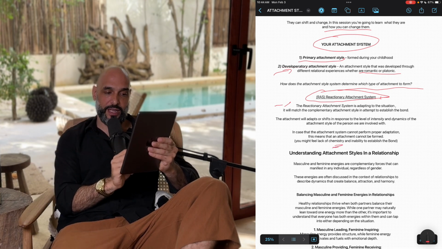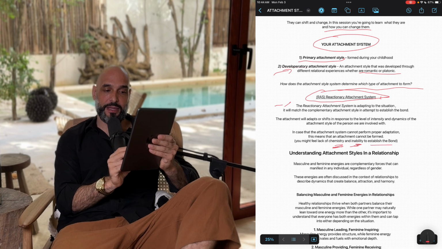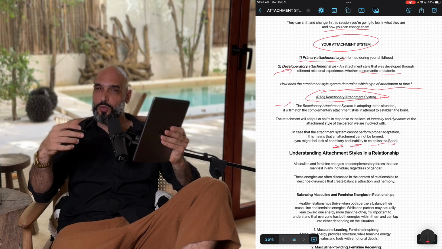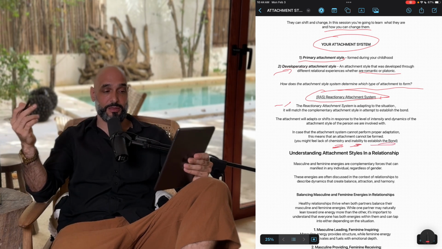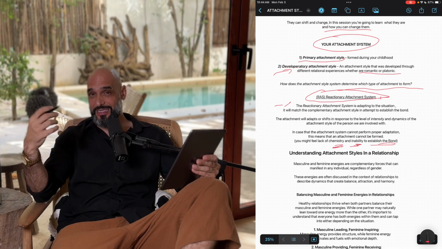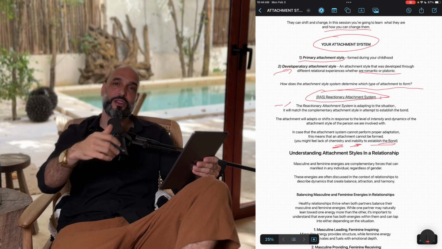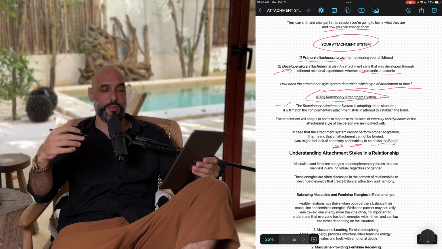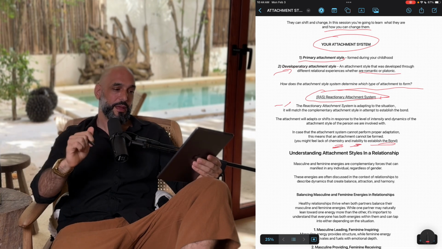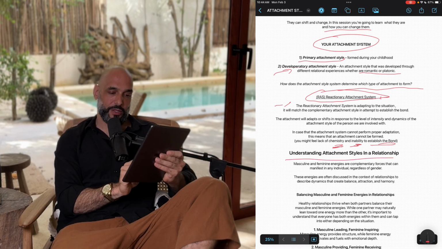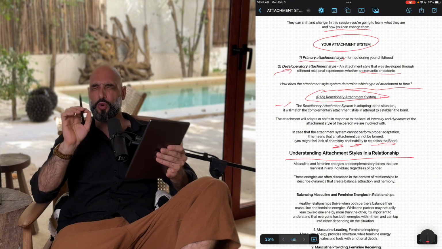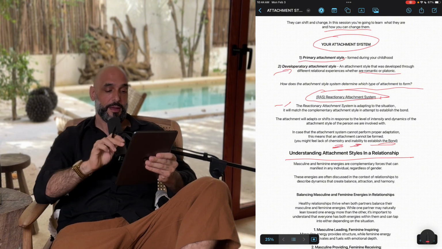You might feel a lack of chemistry or an inability to establish the bond. This is where you just don't feel the vibe with a person. It's because your attachment system tries to form a bond, or their attachment system tries to form a bond, and it's just not working. Now, understanding attachment style in relationships is so crucial to understand.